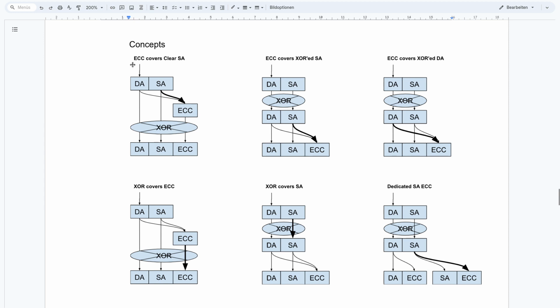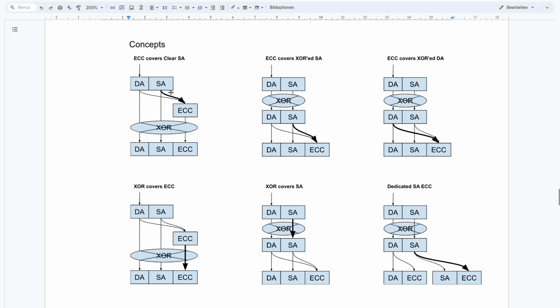The first thing we have here is ECC covers clear SA. What does that mean? At first the firmware assembles the data area and the SA area. Then an ECC, an error correction code, is calculated based on the data and based on the service area.